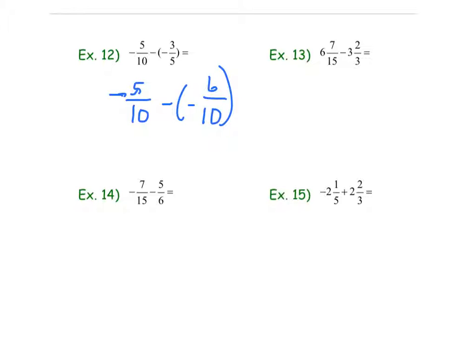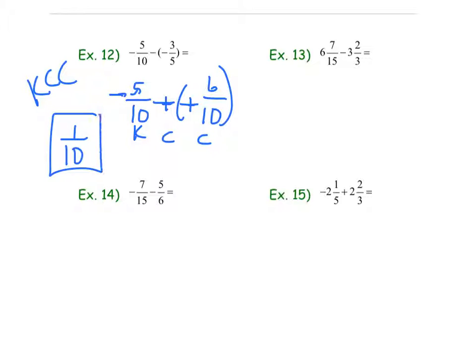So subtracting, so I must do keep, change, change. So I keep the first number, change the subtraction to addition, and change the negative to a positive. Now I have a negative 5/10 plus a positive 6/10. Since one is negative and one is positive, I subtract and take the sign of the bigger number. So 6/10 minus 5/10 is 1/10, and it's positive.